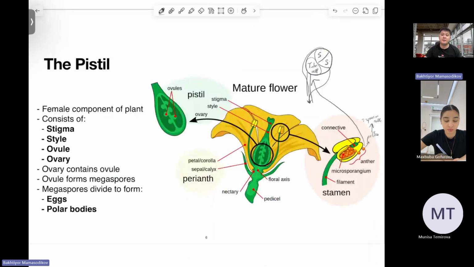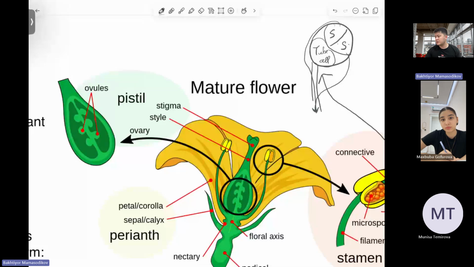The pistil is the female reproductive organ of the flower. As you can see, this portion is called the pistil. And this portion is called the stigma? No, the stamen is made of the anther and the filament. We already talked about it. And this portion is called the pistil. The pistil is made of the stigma.